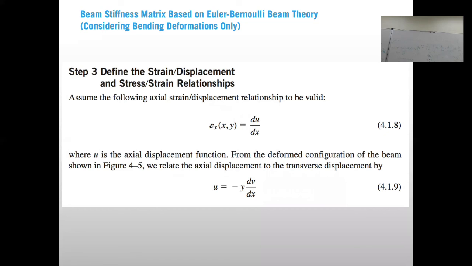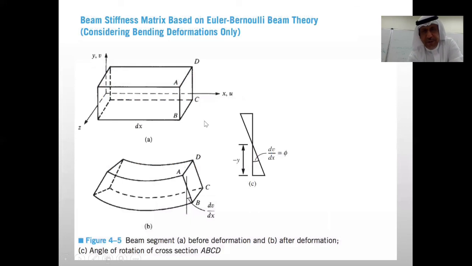That's why you see U is a function of the rotation. You see, this is your primary unknown. V is a secondary unknown. U is a secondary unknown. This is how it's mechanics here, okay? So this is U. What do you do with this U here? After you find U, it's from here.